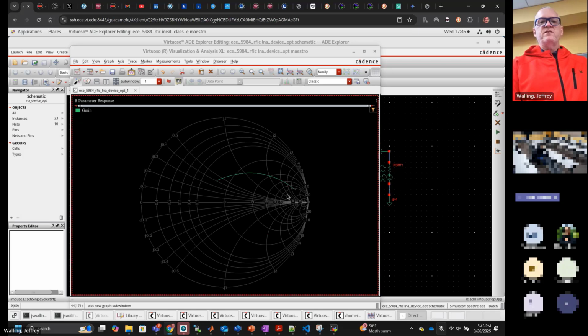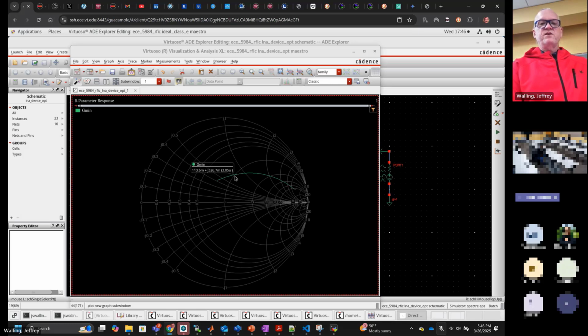And you can see for this relatively big device now, as I sweep the width of a finger, I do have something that starts to intersect that 50 ohm line on the Smith chart. This circle right here, the unit circle, is 1 normalized to a characteristic impedance of 50, that's 50 ohms. So that's good. It takes a very big device to do that.